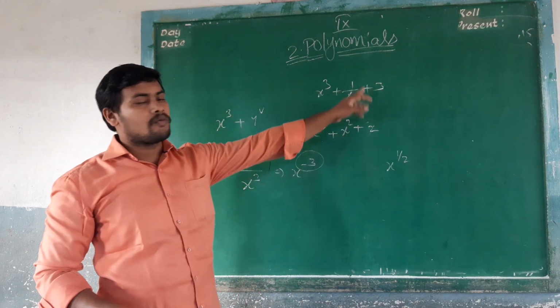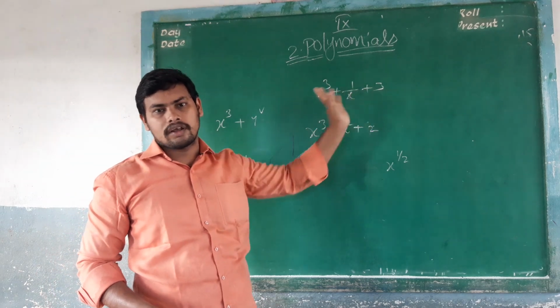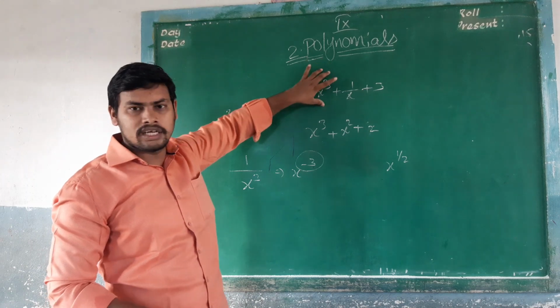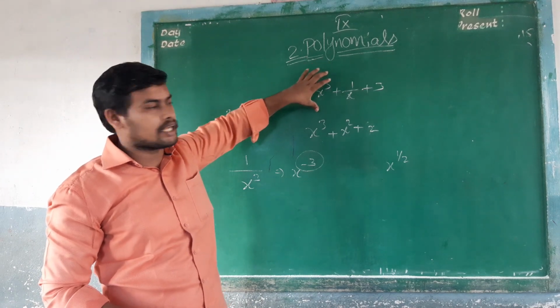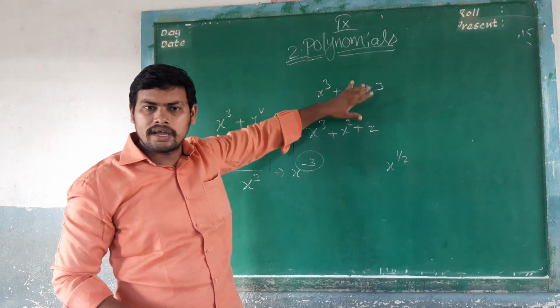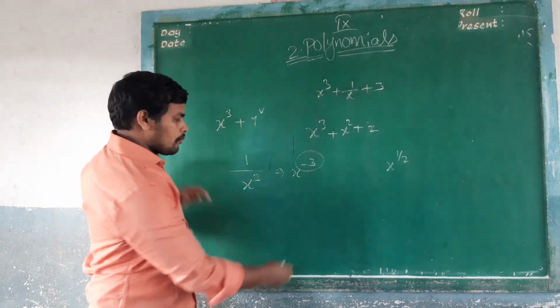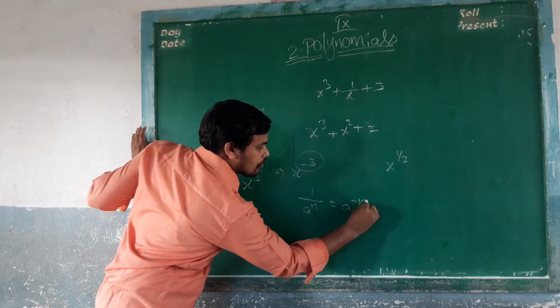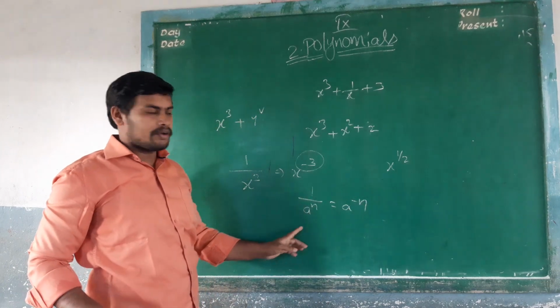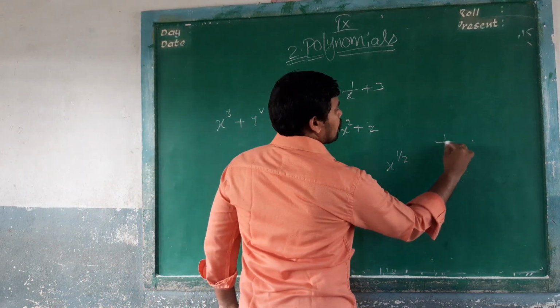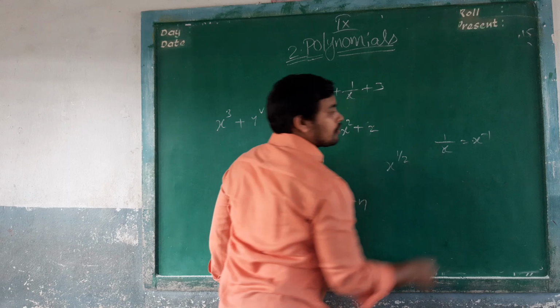x cube plus 1 by x plus 3. Is it a polynomial or not? Here power 3 is a positive integer, so there is no problem for this term. Let's move on to the next term, 1 by x. We already know that 1 by a power n can be written as a power minus n. In the similar way, 1 by x can be written as x power minus 1.